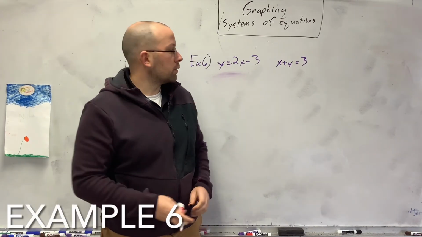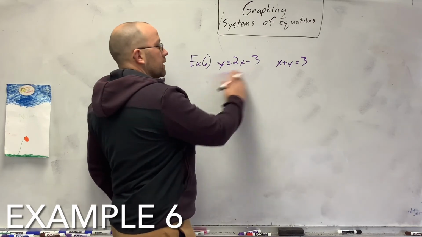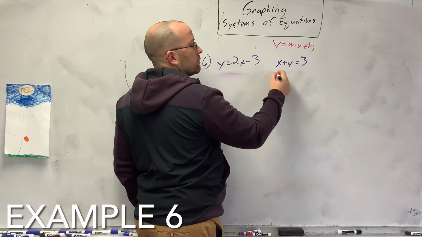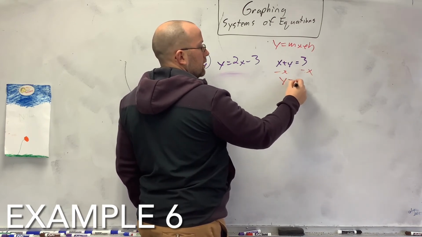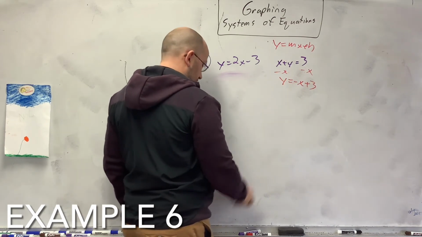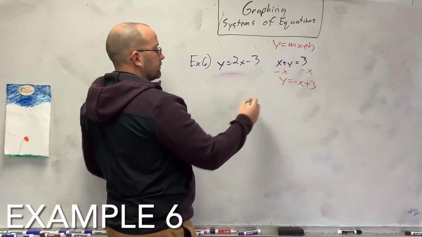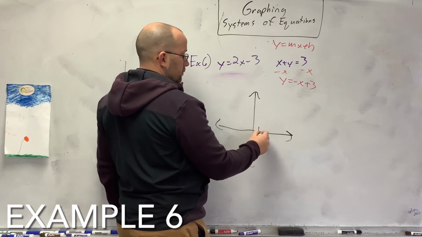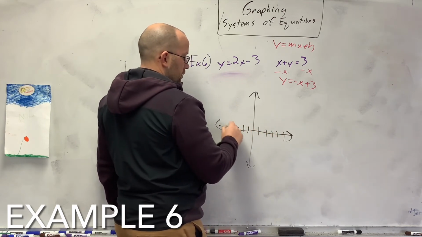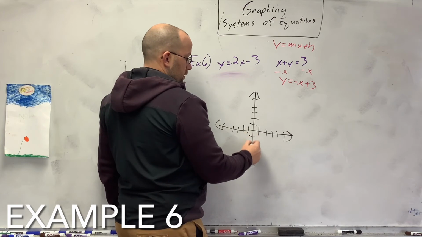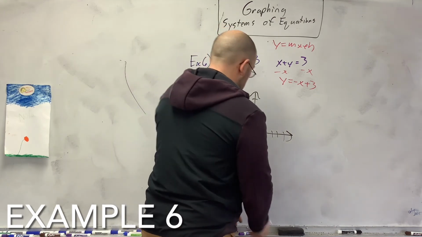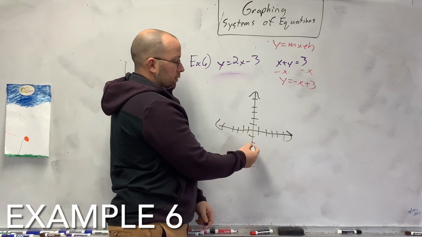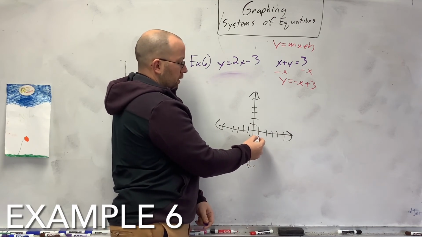All right, here's another one. So this is already in slope-intercept form. I have to put this in slope-intercept form. So I subtract the x. All right, and now we can graph it. To find the solution, again, there are other ways to find it. So I start at negative 3, rise over run, 1, 2, over 1.